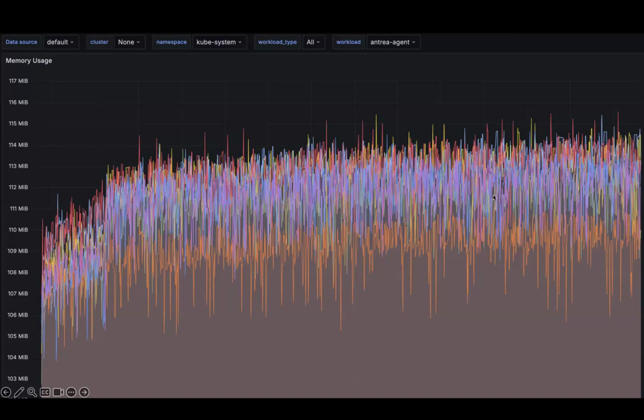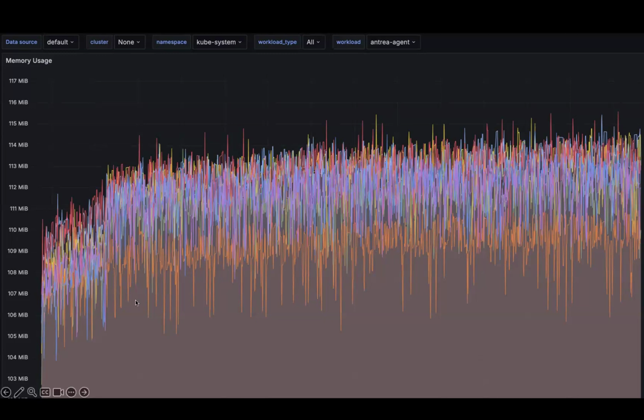Does each color represent one Antrea agent instance? Yes, there are a total of 7. Okay, I see. So some are different because of the workloads. On some nodes there are more workloads, on some nodes there are fewer. So that's why it's not all the same. Some have less, some have more.